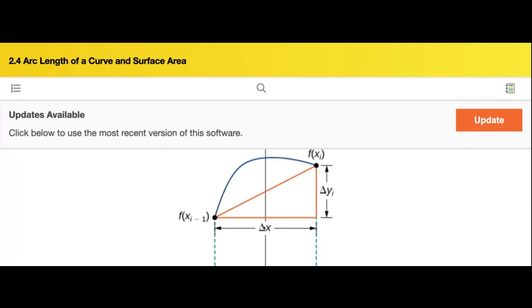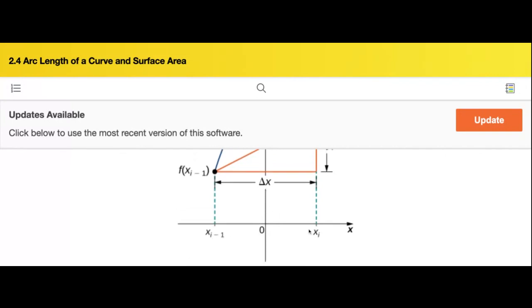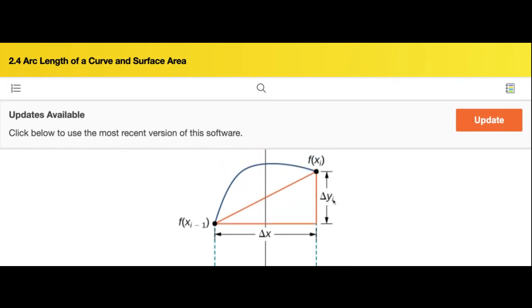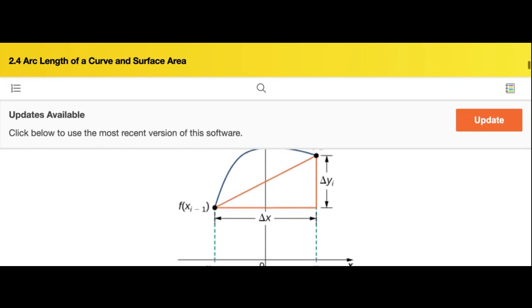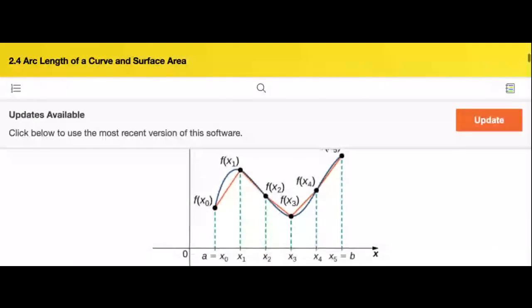This delta means a change. Imagine this is x i minus 1, this is x i, and so delta x will be x i minus x i minus 1. Same thing for y. So the idea comes from here. Let's use this picture.